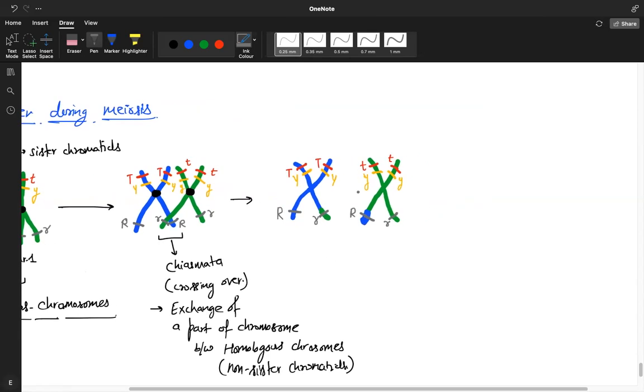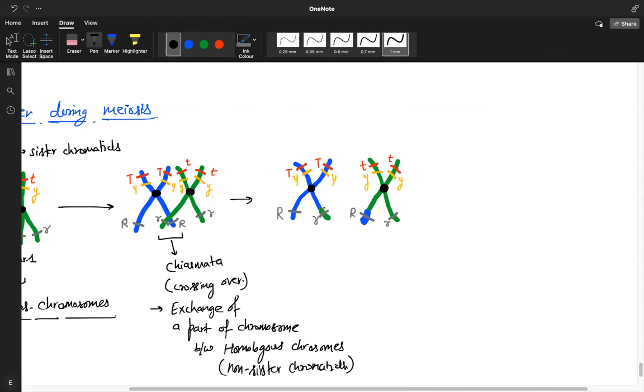Now look at these 4 chromatids. At meiosis, how does meiosis form? What is the end product of meiosis? From your notes, tell us. How many cells are formed? 4. From one diploid cell, 4 haploid cells are formed.